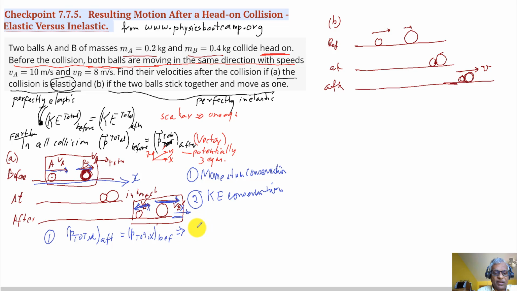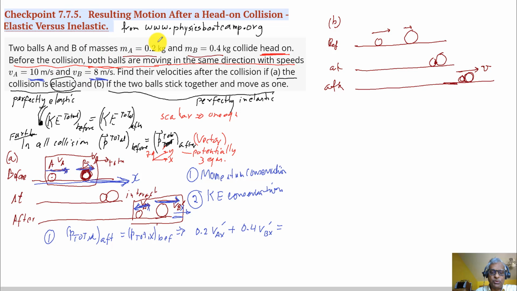The after is going to be 0.2 VAX prime plus 0.4 VBX prime. That's equal to the before, which is going to be 0.2, and this is going to be plus, and this is going to be plus, because my axis is this way and these guys are this way, both of them.